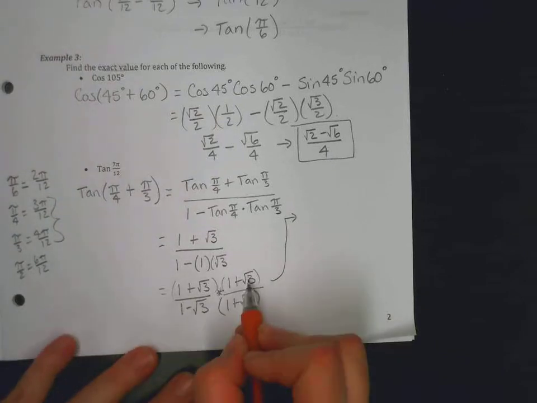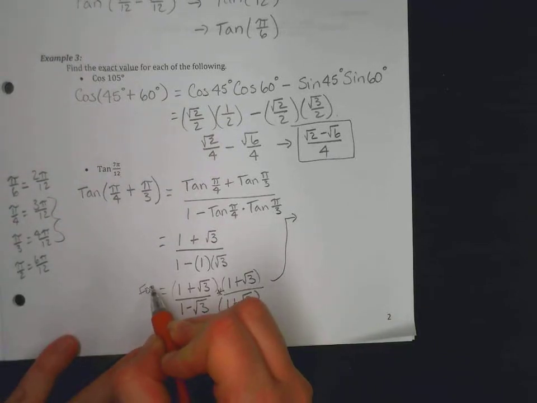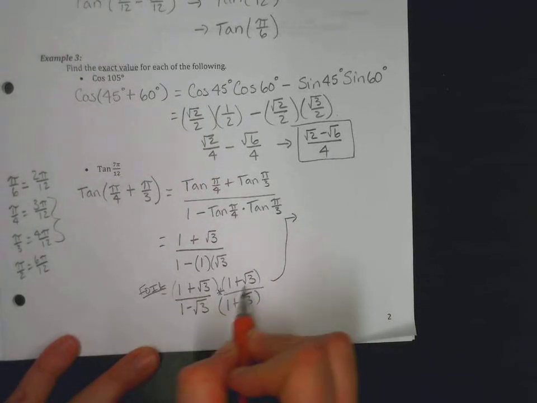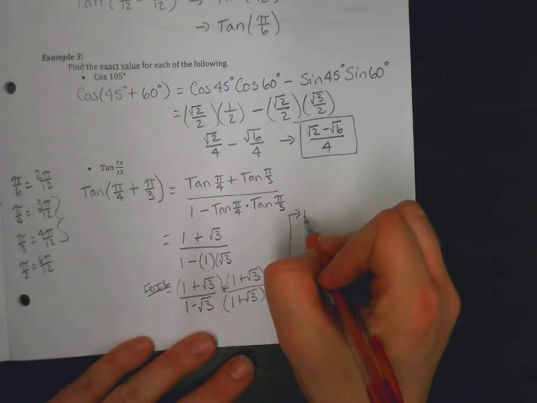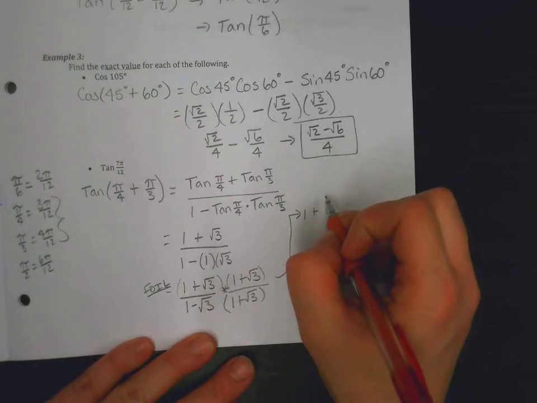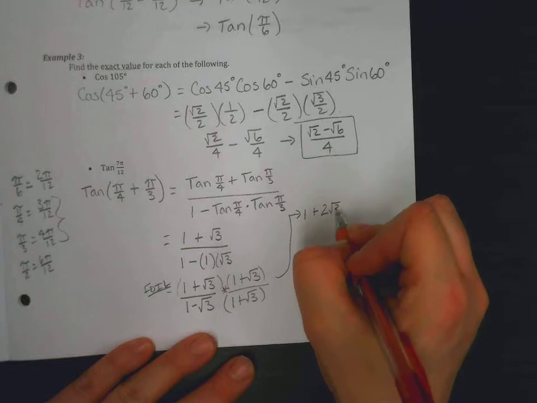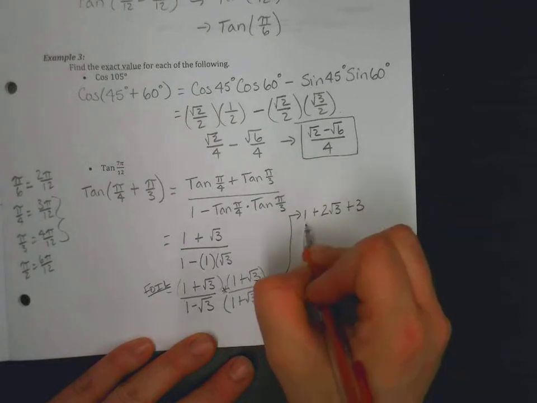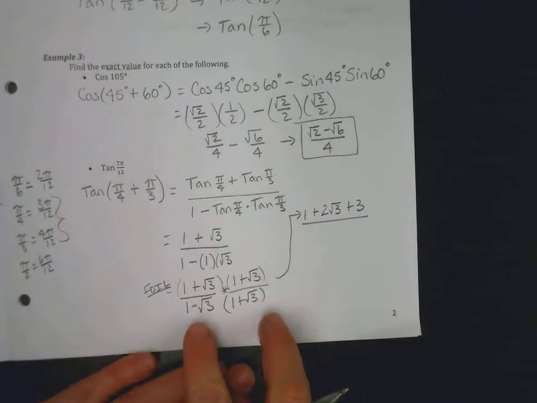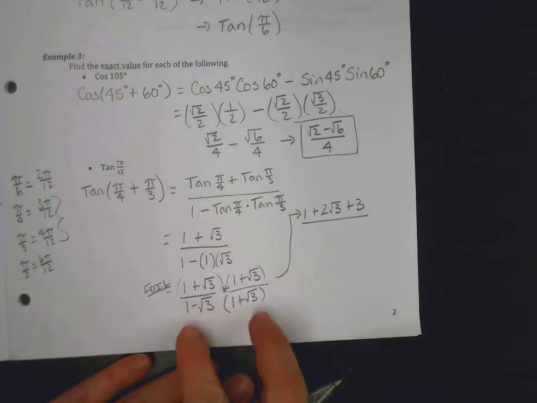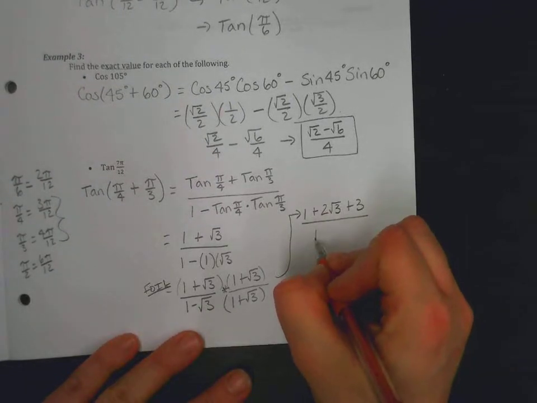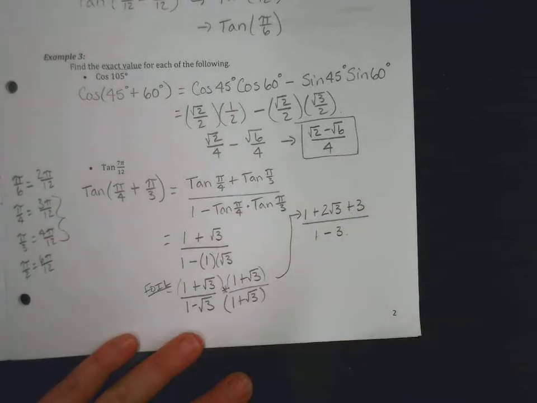So in my numerator, I'm going to have to FOIL this radical expression, and I get 1 plus 2 root 3 plus 3. In my denominator, when I FOIL the bottom out, I simply get 1 minus 3.